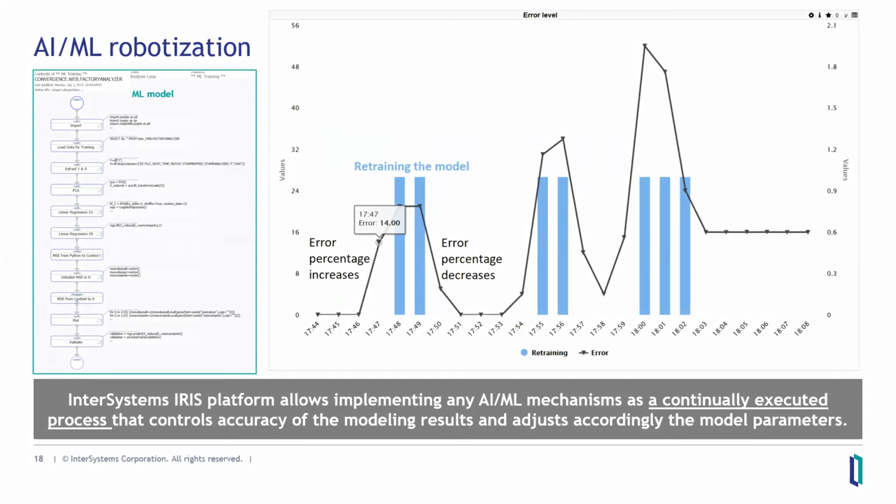What's important is that we are doing model validation and model retraining, and in some cases, even model hyperparameter training automatically. So humans don't need to perform this task anymore. It's all automated, and there's a process which automatically controls the accuracy of modeling results and adjusts the model accordingly.